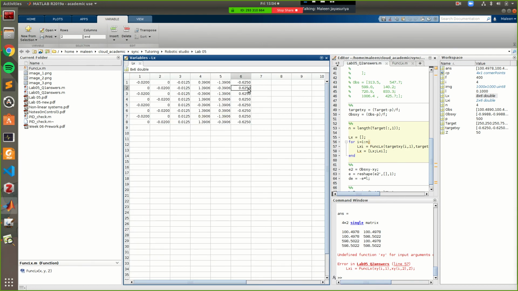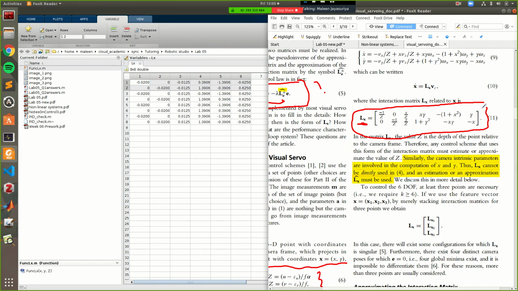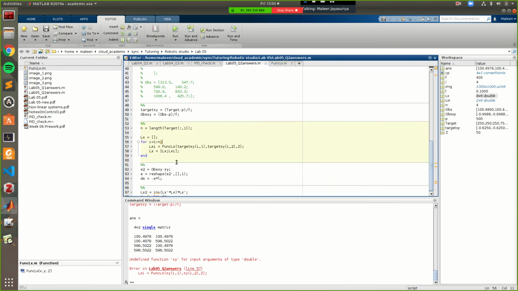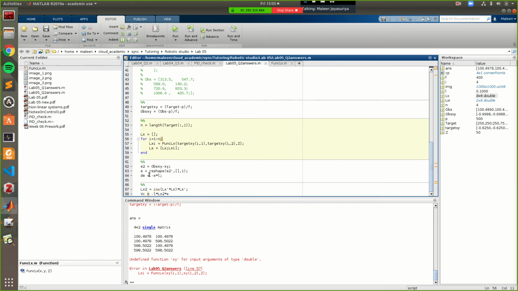The first two rows are for the first point, right? So this matrix is basically this, right? And I've done that for all four corners by putting that into a loop. So now I have my full Lx for all my features, right? And then I just have to create the error term.